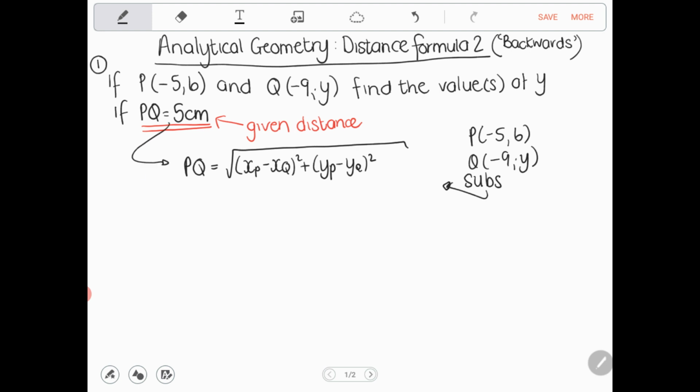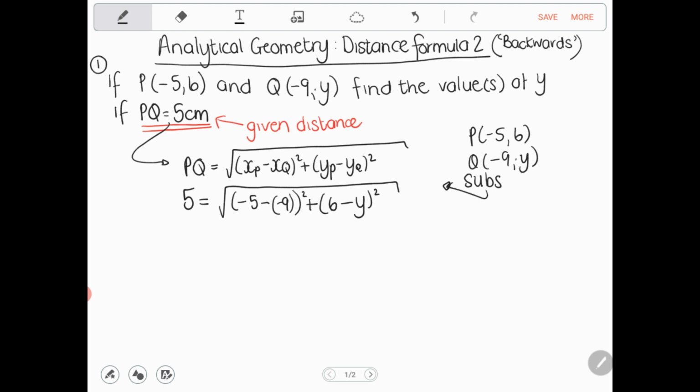So I can fill in the distance as well because I have the distance. So here I put in a 5 for the length of PQ. On this side, we've got the x at P minus the x at Q. And then we have the y at P, 6, minus the y at Q, which is just a y.